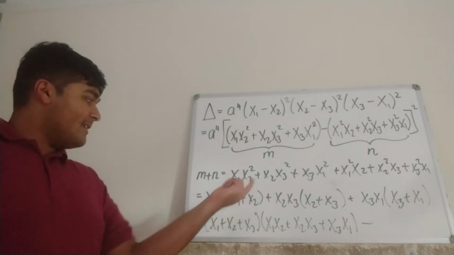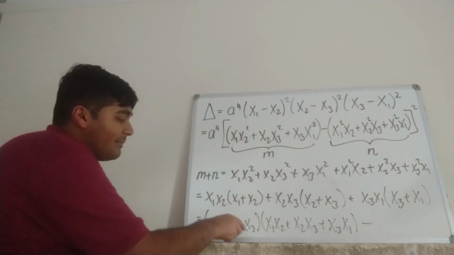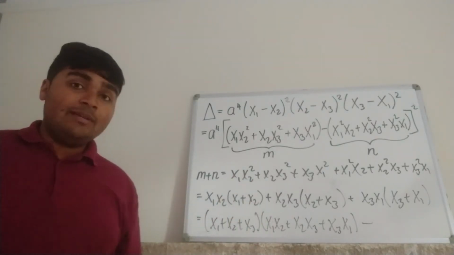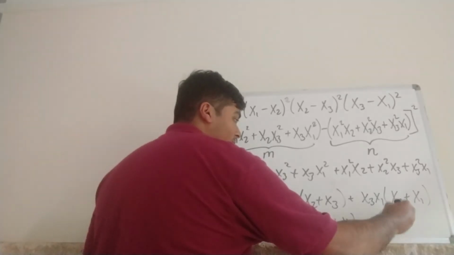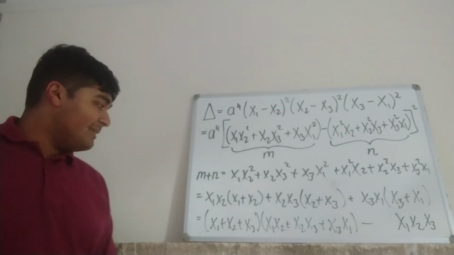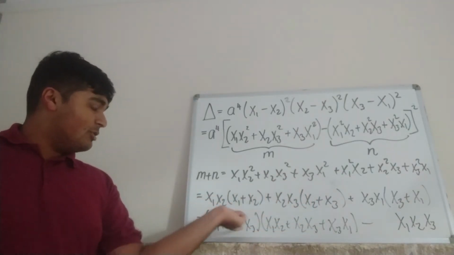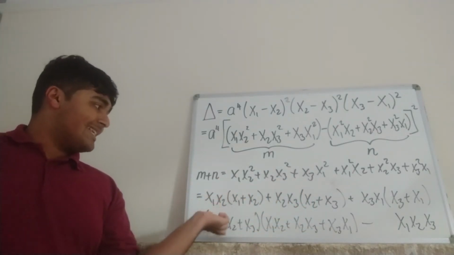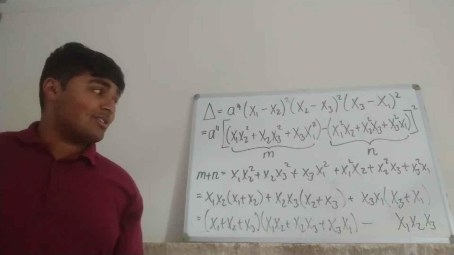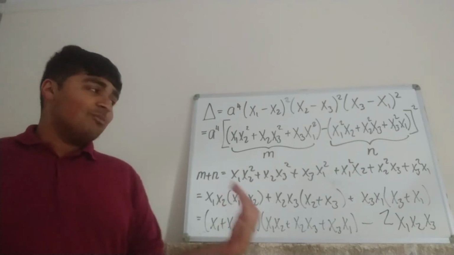So when we get this first term, we're doing x1 x2 times (x1 plus x2), but of course we've got the x1 x2 x3, so we've got to minus off one lot of x1 x2 x3. But similarly, when we get this term here, we're doing x2 x3 times (x2 plus x3), and then of course we've got this x1 x2 x3, so we've got to subtract off another x1 x2 x3. And then finally, you can probably guess what's going to happen.